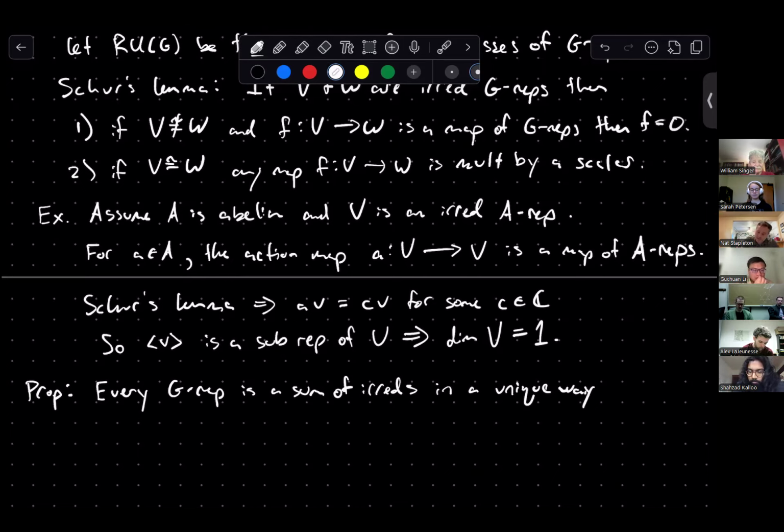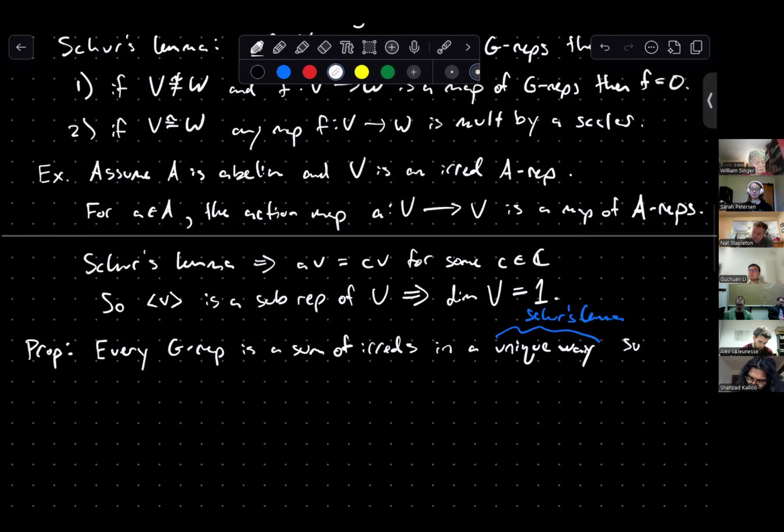But the uniqueness here, this is Schur's lemma in action again. It's a good exercise.